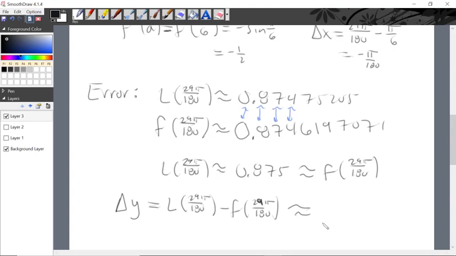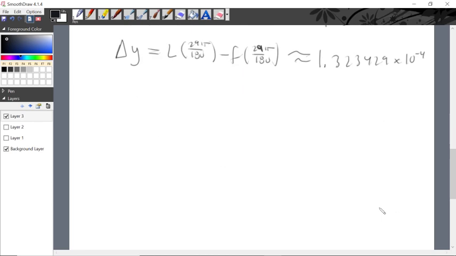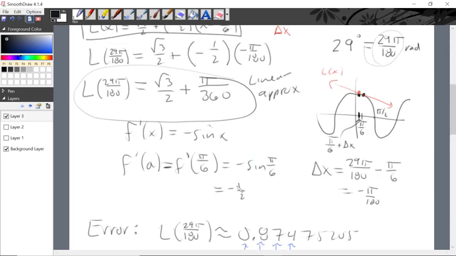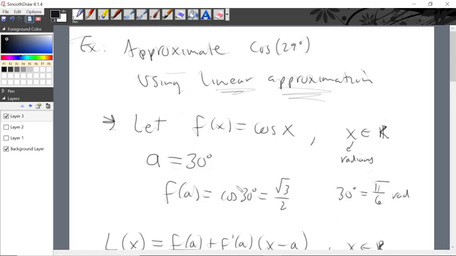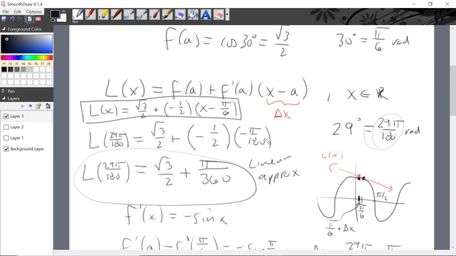So I get that this is approximately 1.323429 times 10 to the negative 4. Okay, so the error is approximately 0.00013. Pretty small error though. So in this case, the linear approximation was pretty good.